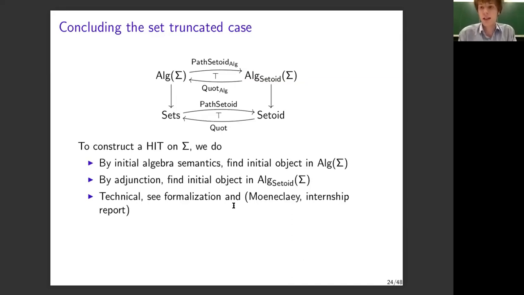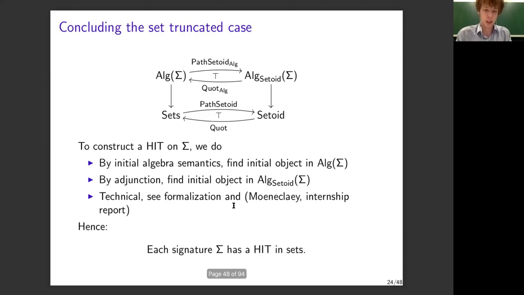You can find it in both the formalization and the internship report by Moenclaey, which he did with Dybjer. It is a bit technical construction because you need to guarantee that all the right constructors are there, and that makes the definition a bit long. Concluding, each signature has a higher inductive type in sets.